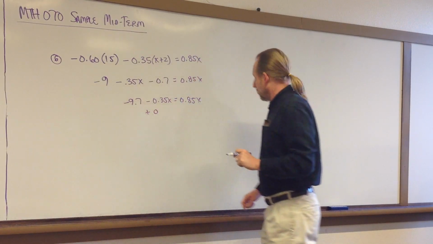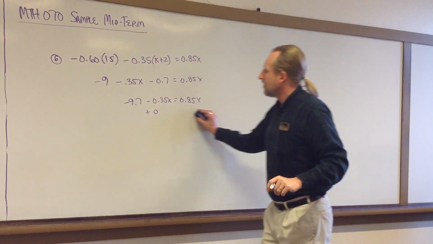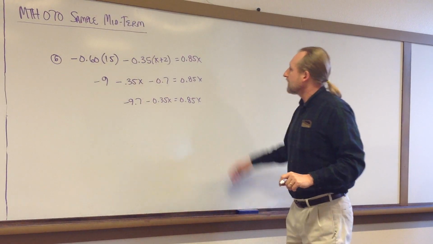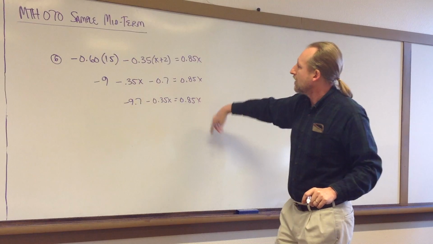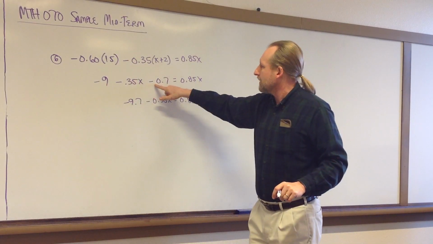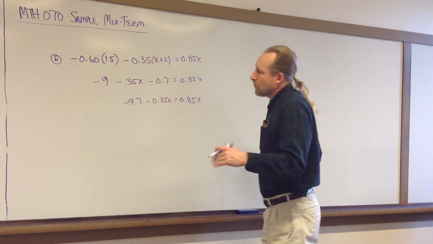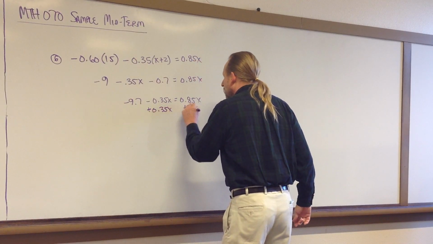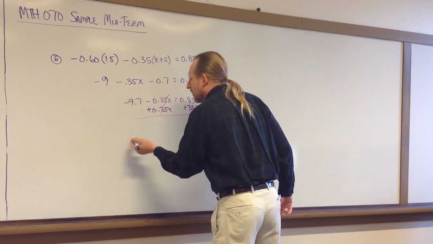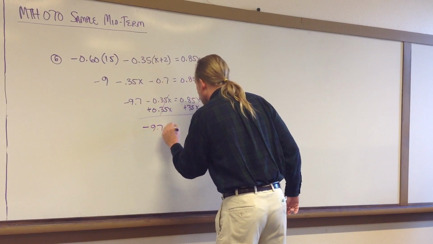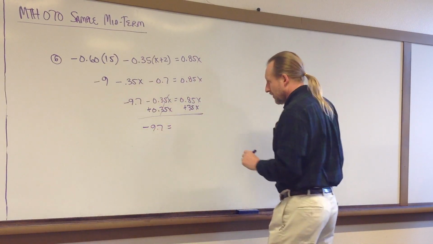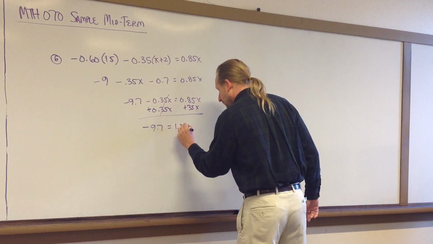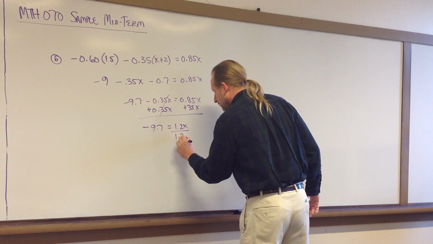Let me just pause here for a minute to make sure we've got everything set up. I just did negative 9 minus 0.7 gives us negative 9.7. And then I'm going to add this 0.35x to both sides. So this will be negative 9.7, and this will be 1.2x.